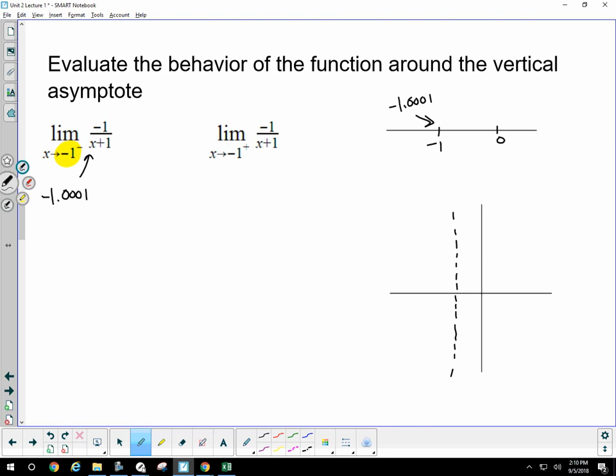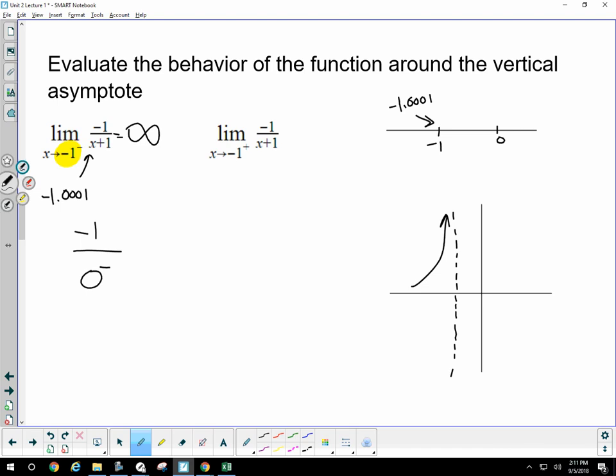We know it's a vertical asymptote. The question is, which way is our function trending around our vertical asymptote? Very, very small and negative. A negative divided by a negative is a positive. Something divided by something infinitely small is something infinitely large. So I know to the left, I'm going up.